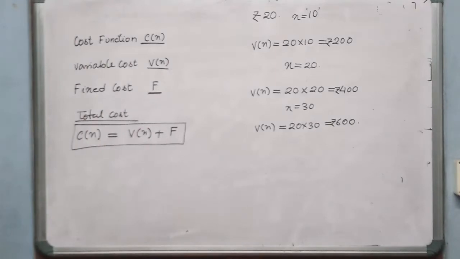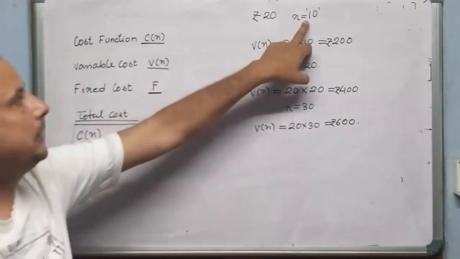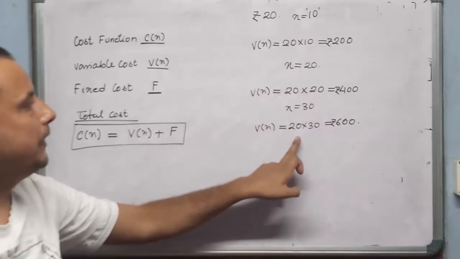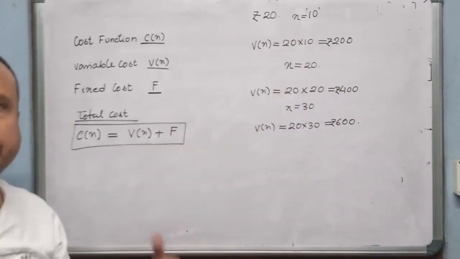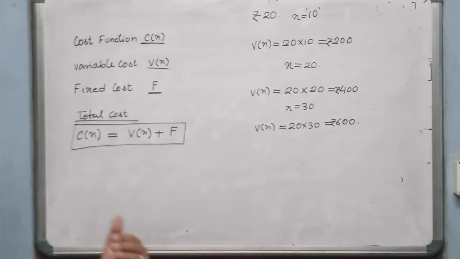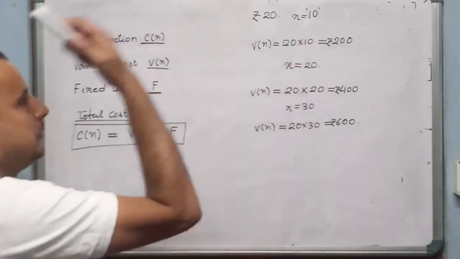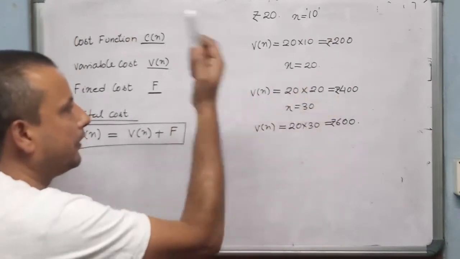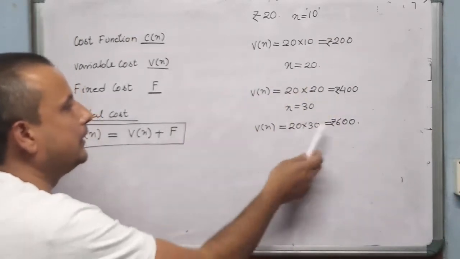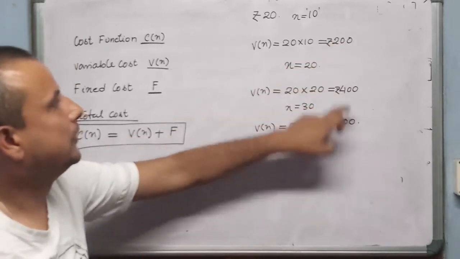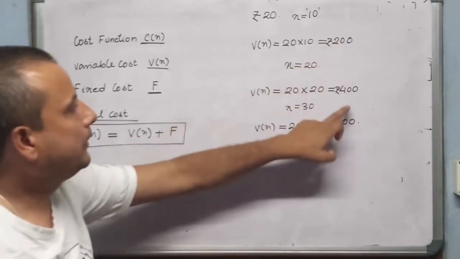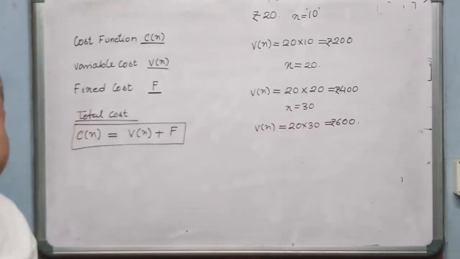That means if you increase the number of commodities, definitely the cost will increase. The cost is not even, it varies with the number of products. If it is 10, 200; if it is 20, 400; if it is 30 markers, then the cost is 600. If the number of commodities decreases, the variable cost will also decrease.